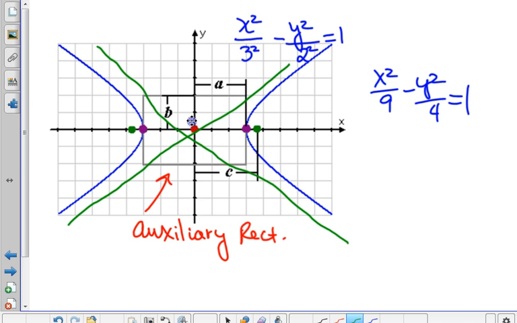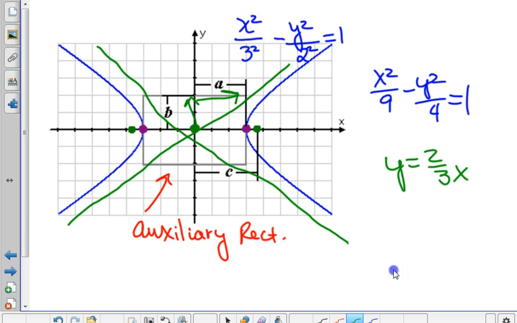Okay. We're going to draw that little rectangle so that then we can put in the diagonals, and those will be our asymptotes. This goes through the origin, and it went up 2 and over 3. Does everybody see that for the slope? So it'll be y equals 2/3 x.